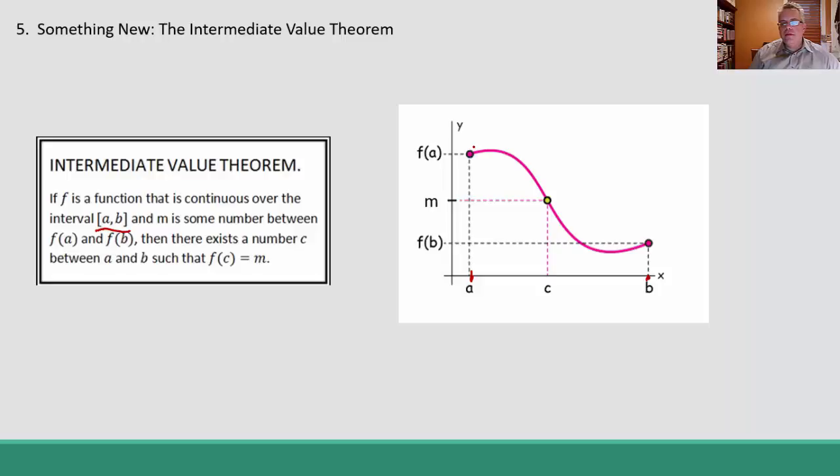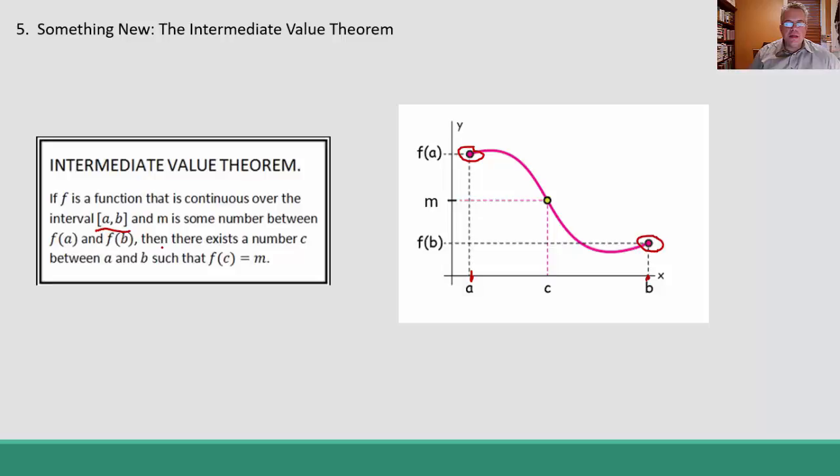Here's the left endpoint. That's the value of the function at a. And this is the right endpoint. That's the value of the function at b. And it's continuous everywhere in between them. Now, it says that if m is a number between those two values of the function, f of a and f of b, then the function has to cross it at some point between them.